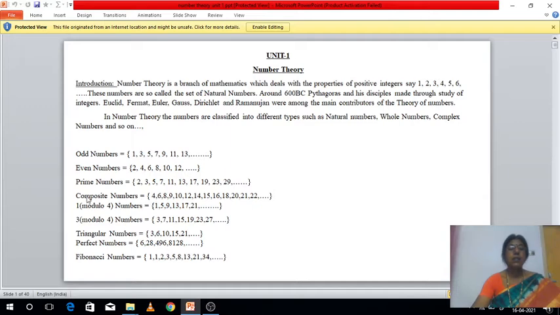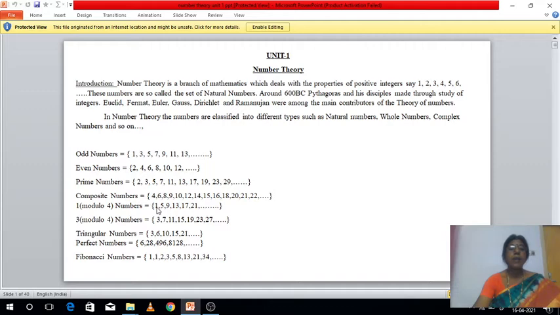Now we see the set of composite numbers 4, 6, 8, 9, 10, 12, 14, 15, 16, 18, 20, 21, 22 and so on. Now we see a special type, 1 modulo 4 numbers. It means you start the set with 1 and the difference between any two consecutive numbers in this set is 4.